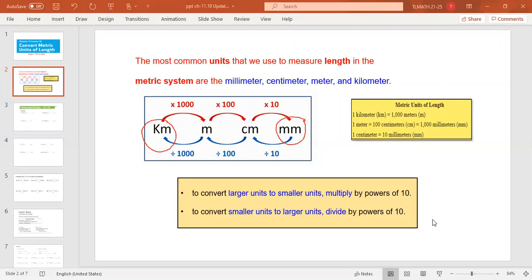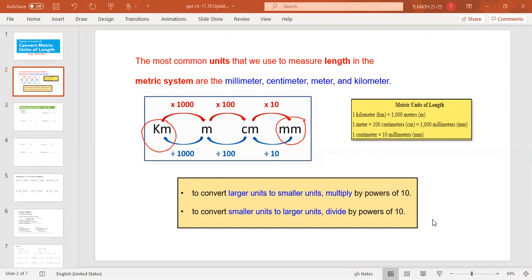Now, let's go backward from smaller unit to the larger units. We are going to divide by the power of 10. So when I want to convert from milli to centi, I'm going to use the same power of 10, which is 10, but using divide. From centimeter to meter, I'm going to divide by 100. And from meter to kilometer, I'm going to divide by 1000.